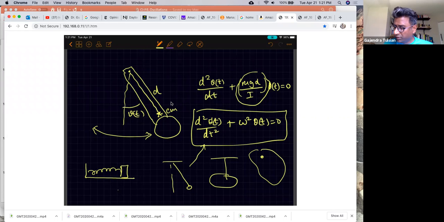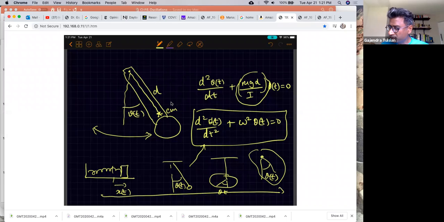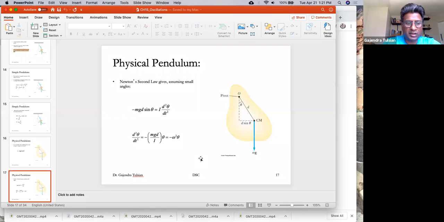You're just measuring the configuration of the system using different coordinates: x of t here, theta of t here, theta of t here, and theta of t here. But the behavior of all these 4 very different systems is described by the same differential equation. So that's pretty neat. In your differential equations classes, you learn general techniques for solving various differential equations, which will show up in all kinds of courses that you do as an engineering major.